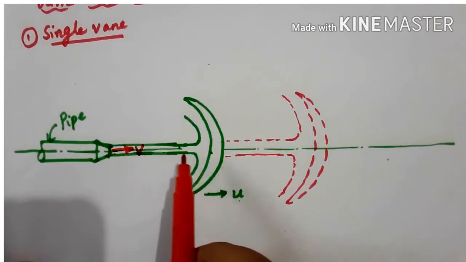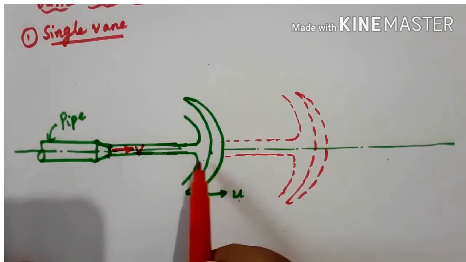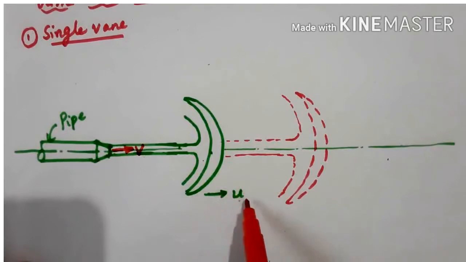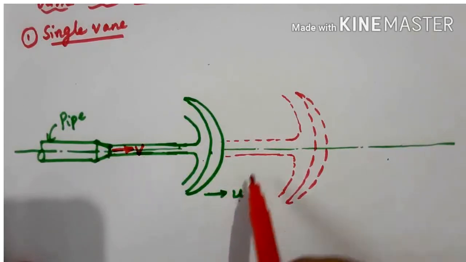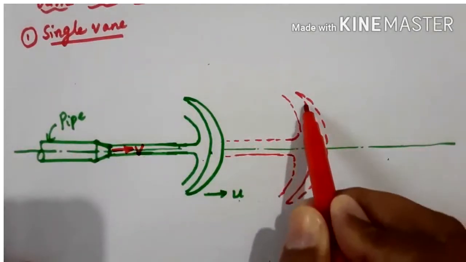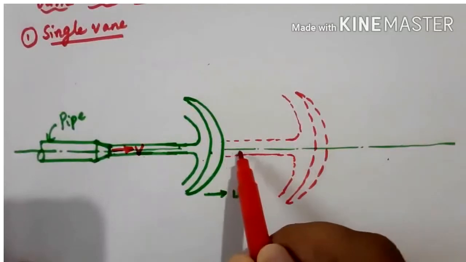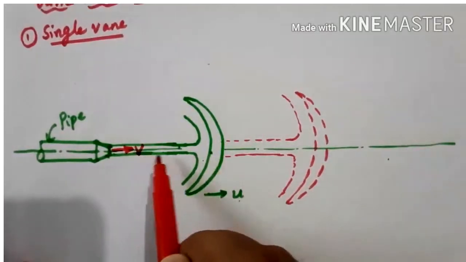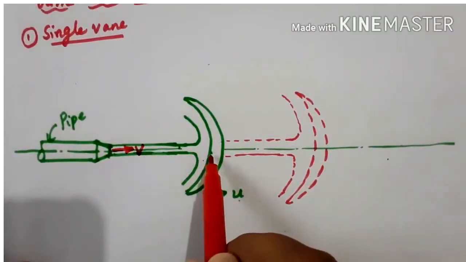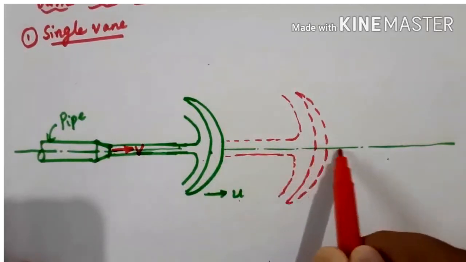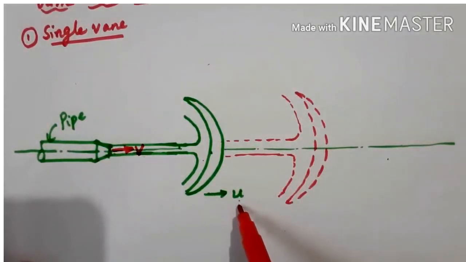The moment it strikes the vane, the vane starts moving with a velocity u. Then it occupies a certain position like this, and it keeps moving. As long as the jet is striking the vane, this vane keeps on moving with a velocity u.